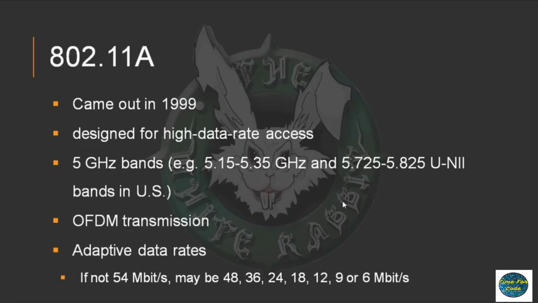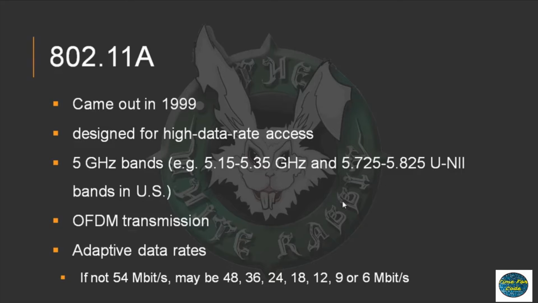Simultaneously with 802.11b, work was also being done on something known as 802.11a, which came out slightly later than 802.11b, also in 1999, but the numbering is A for this one and B for the other because this one was started slightly before 802.11b. 802.11a goes further than 802.11b in some ways because it is using OFDM, so it's the first Wi-Fi physical layer to use this advanced transmission scheme, OFDM.